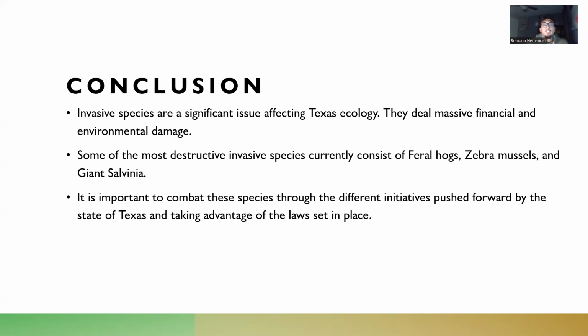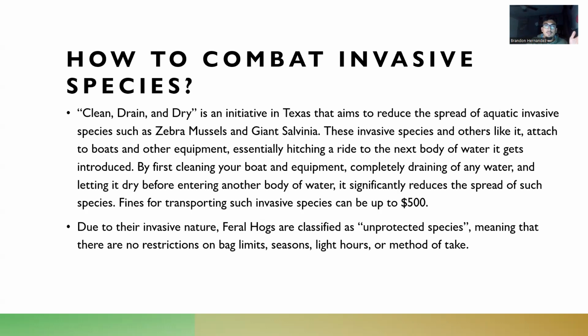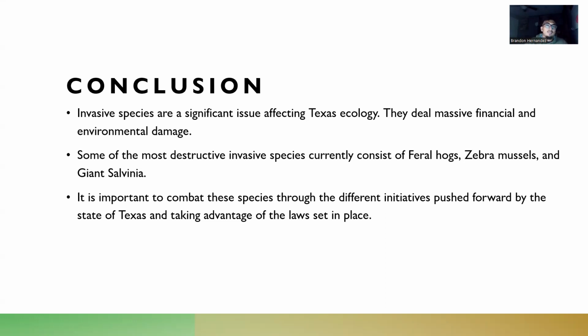It is important to combat these species through the different initiatives pushed forward by the state of Texas, such as Clean, Drain, and Dry, and taking advantage of the open laws for feral hogs and other animals that fall under the unprotected status.